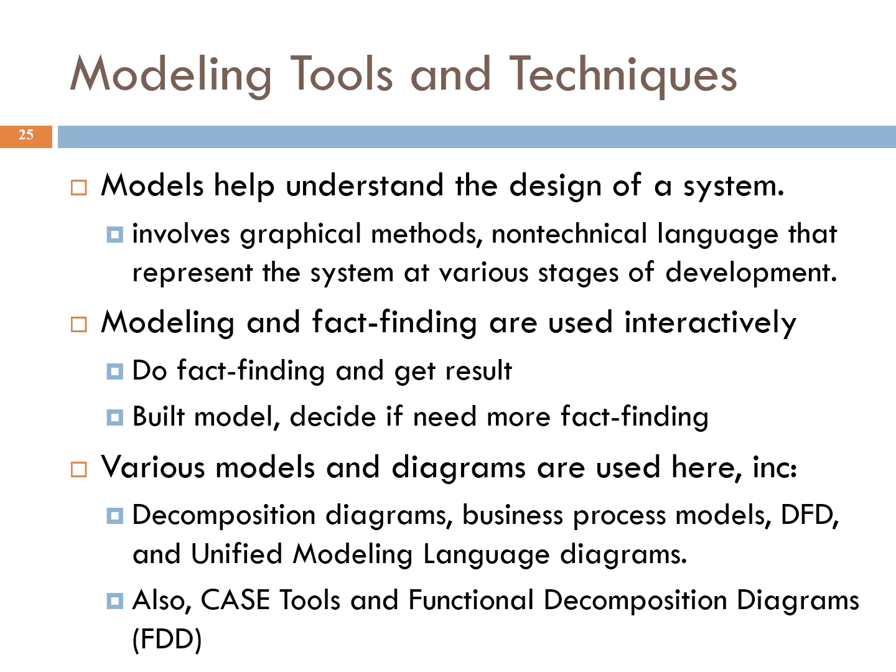If still not enough or lacking some information, they will continue with more fact-finding and then improve the model that they have built before. Various models and diagrams are used here, including decomposition diagram, business process model, DFD, UML, also CASE tools, and also FDD.